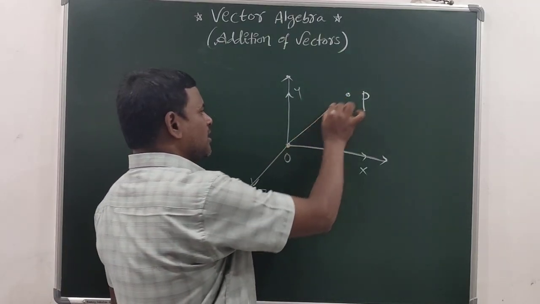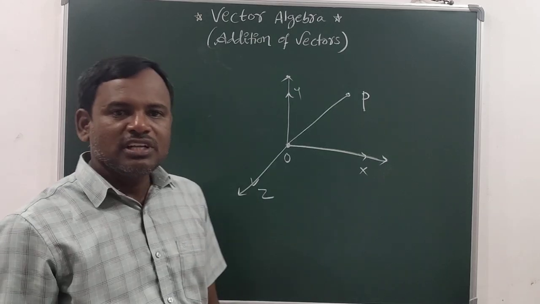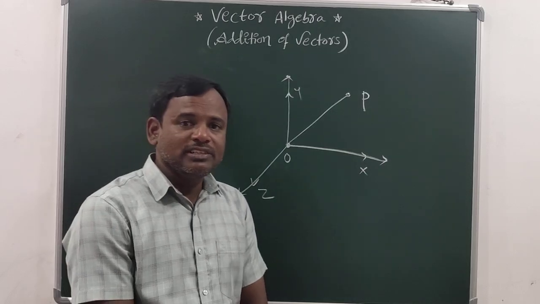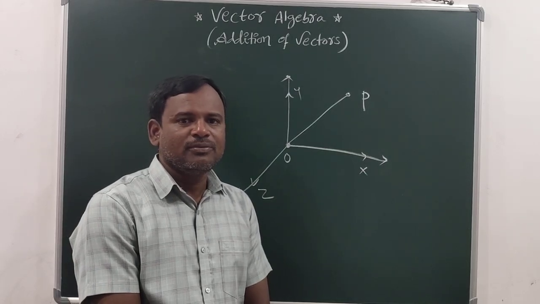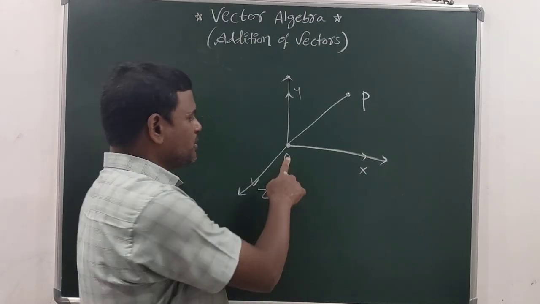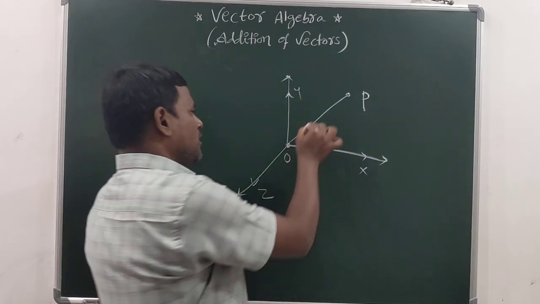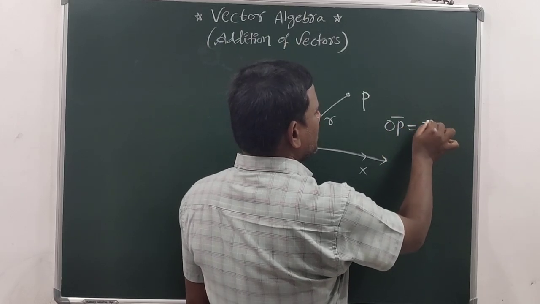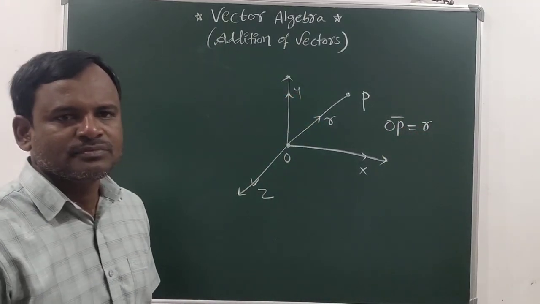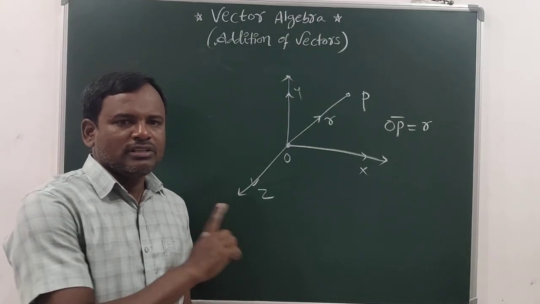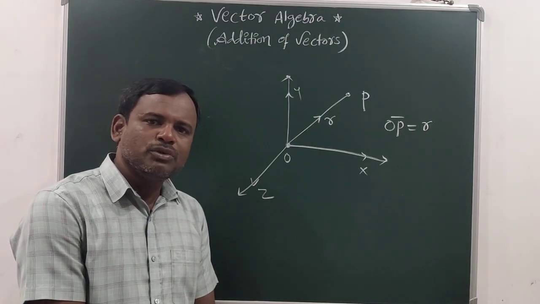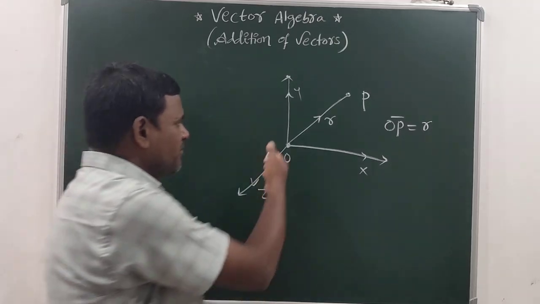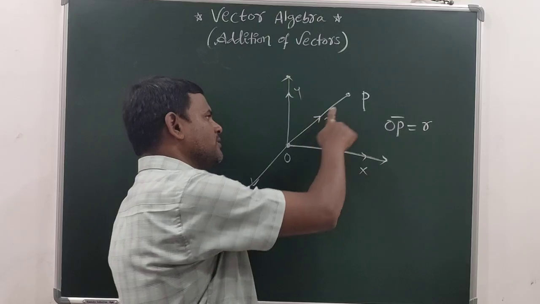This OP is called the position vector of P with respect to O. OP is called the position vector of a point P with respect to this origin. You can take this OP as R. OP is equal to R. I hope you have got the meaning of position vector of P with respect to origin. So it is a vector, the directed line segment O to P.